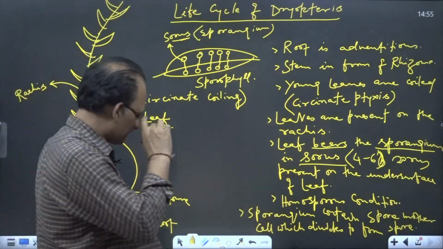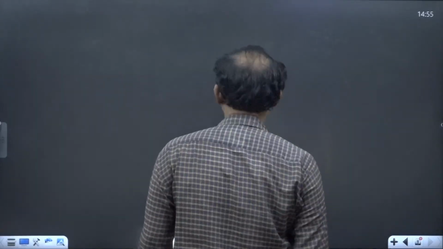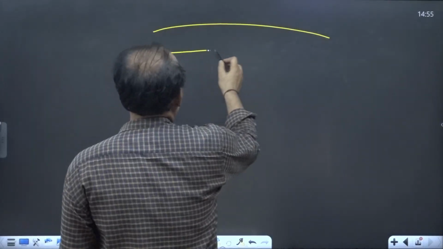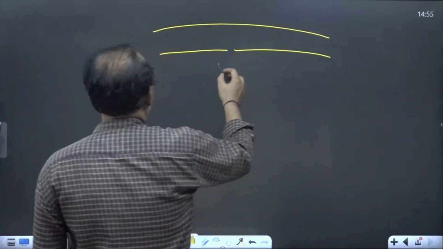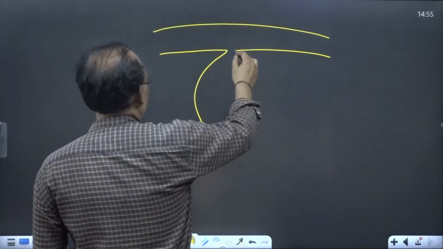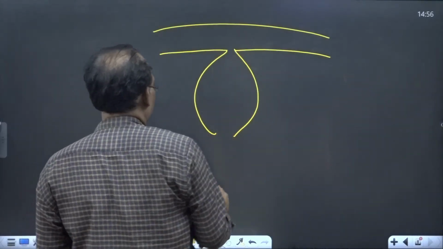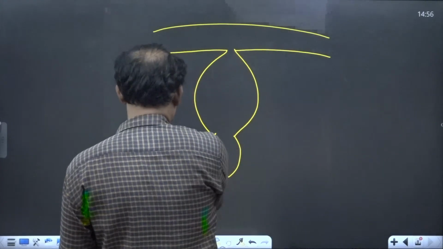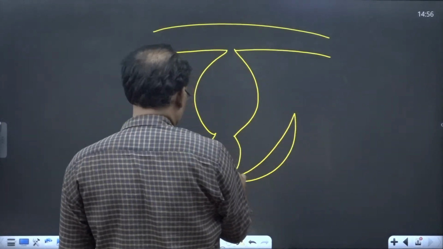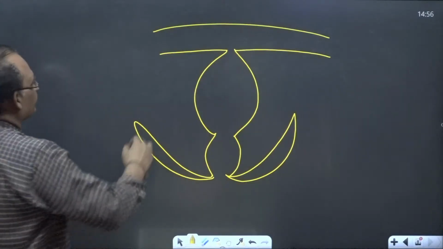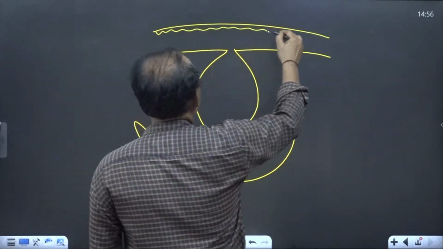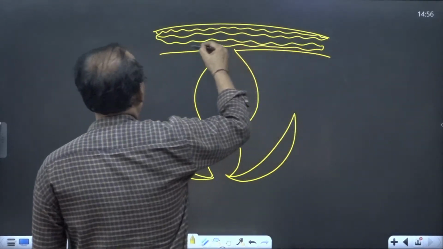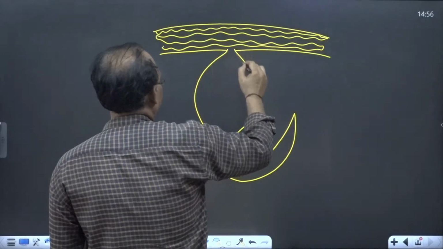Okay. Now you see, if you take a vertical section of the sorus, then you will find this type of structure, right? This tissue is a mesophyll tissue, right?